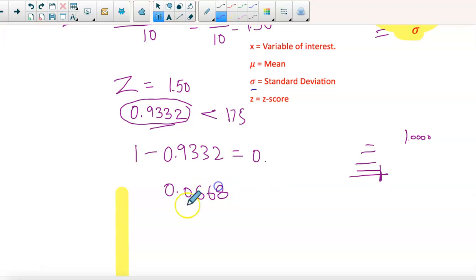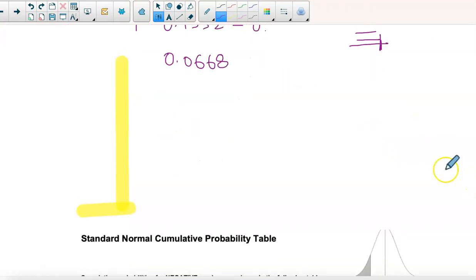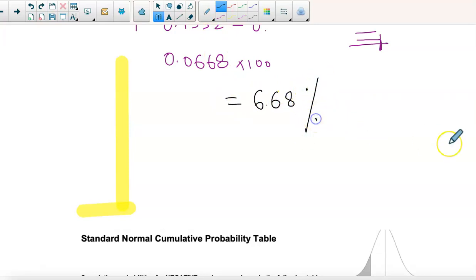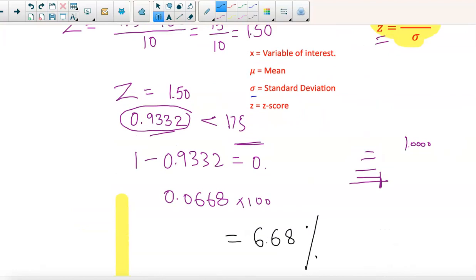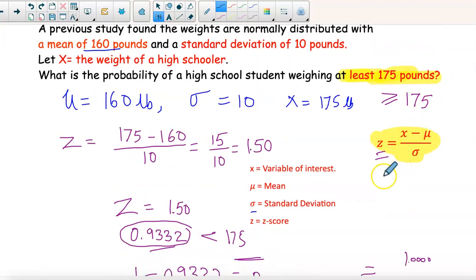That is the probability of finding a student whose weight is at least 175 pounds. And as a percentage, how do you get the percentage from this? Just multiply by 100 to give you 6.68%. This is the probability of finding a student whose weight is above 175.